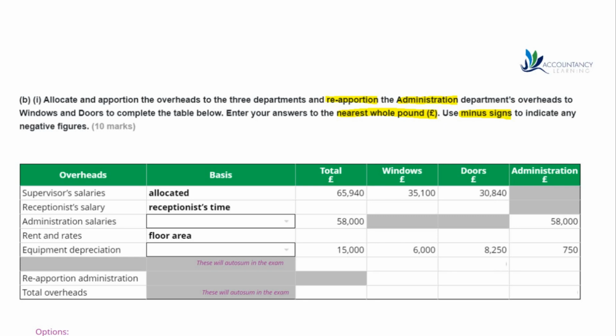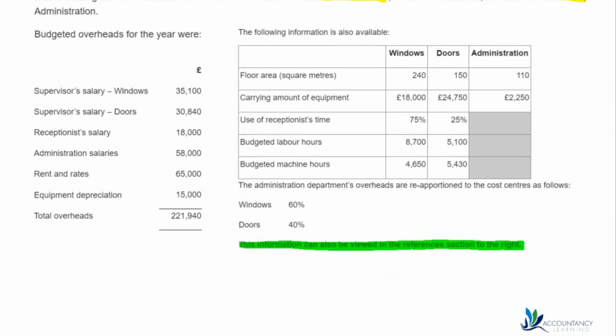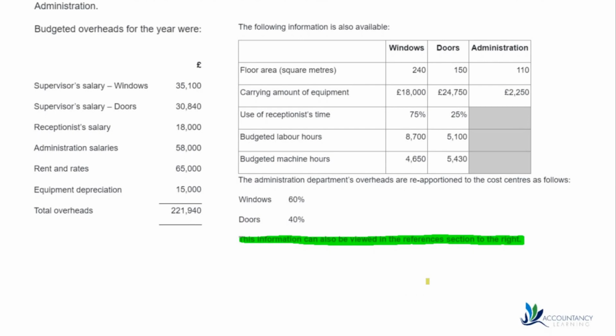So let's first of all have a look at how we are going to allocate it. So on what basis we are going to allocate. So first of all, administration salaries. So if we look at the information that we're given, we can see that our administration salaries are just given to us here.